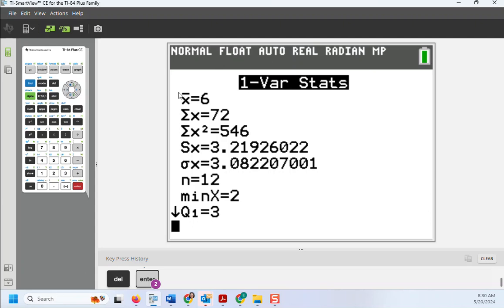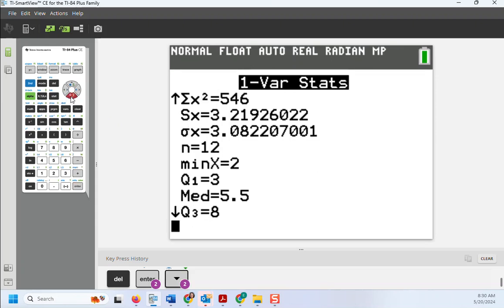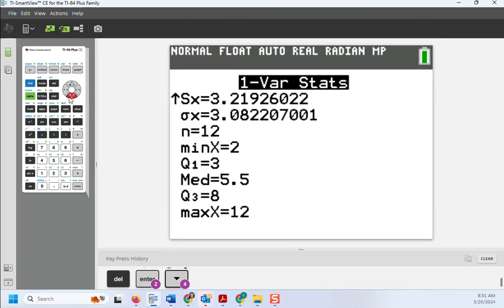Okay, the first one, what does that X with a line on top mean? It means the mean, right? We just learned that. So that could have calculated the mean for us if we didn't want to do it by hand. N is the number of terms. Min is the minimum. If you ever remember doing a box and whiskers plot, remember it has quartiles. That's the first quartile and the third quartile. Those are all useful things.